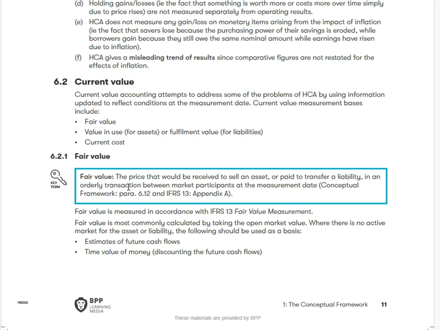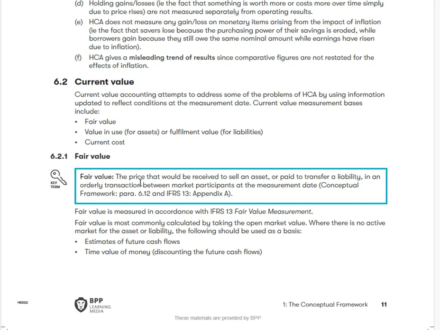Fair value: the price that would be received to sell an asset or paid to transfer a liability in an orderly transaction between market participants at the measurement date. This is the definition given by IFRS 13 for fair value. This is an exit price.